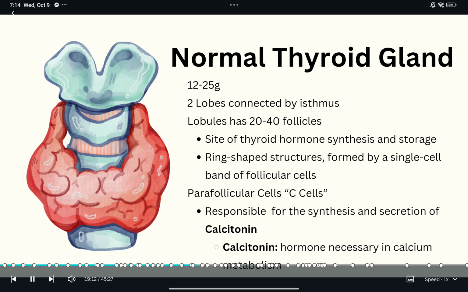We also have what we call our parafollicular cells or our C cells, which is responsible for the synthesis and secretion of our calcitonin. Calcitonin is the hormone necessary in calcium metabolism. So how do we explain ang katong secretion of our T4 or T3, which is our thyroid hormones?